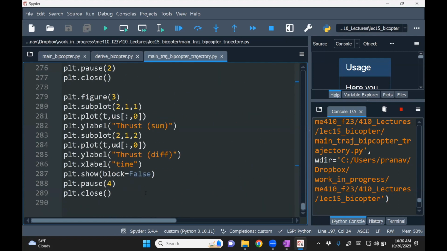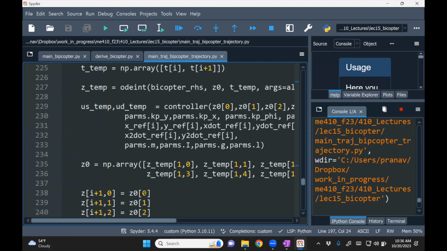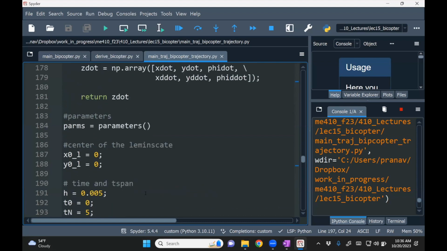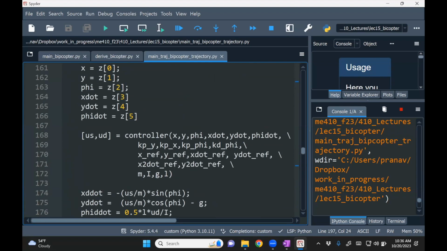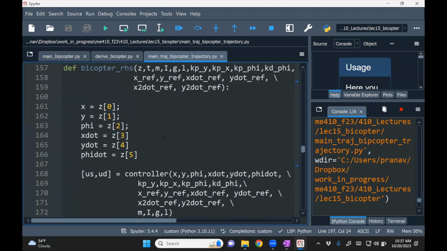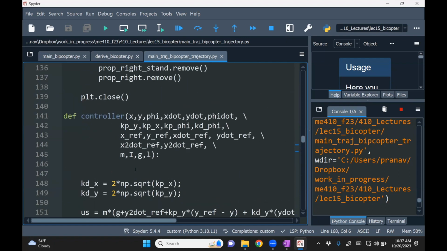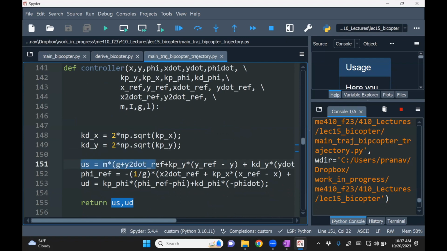The controller is, there should be a function called controller. That's it, controller. So this is the right hand side. I get us and ud, because those are my inputs. They are implemented here, but then the controller itself is right here. So these are the same equations I wrote down on paper. I just put them here, and I chose some kp, kd, the user chosen gains.